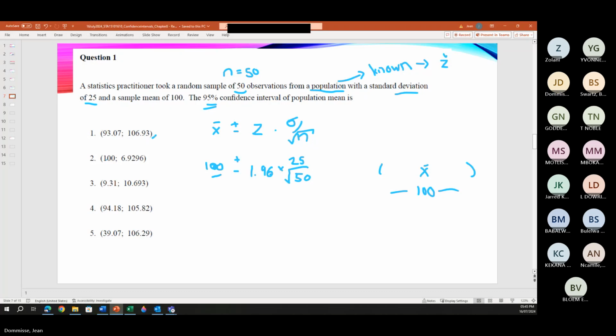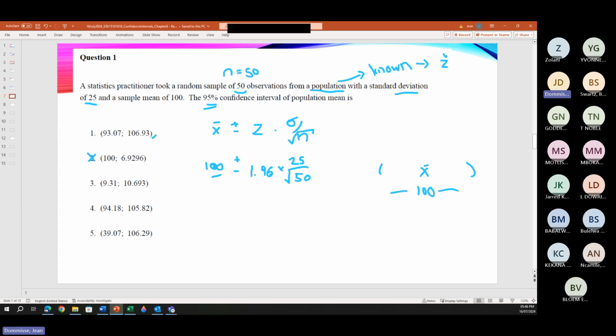Okay, so this cannot be. We can't have the lower limit unless we don't have this standard deviation. So option 2 can't be. Option 3 also doesn't look right, so they probably made a mistake here, or they want you to make the mistake.